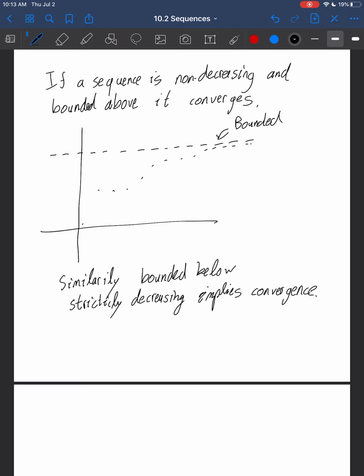A good way to think about these, they're going to come up a lot in infinite series, right? Especially this first one here, where it's non-decreasing and bounded above. Basically, if every term you're adding to your sequence is positive, we're going to be non-decreasing, right? We're always adding something.